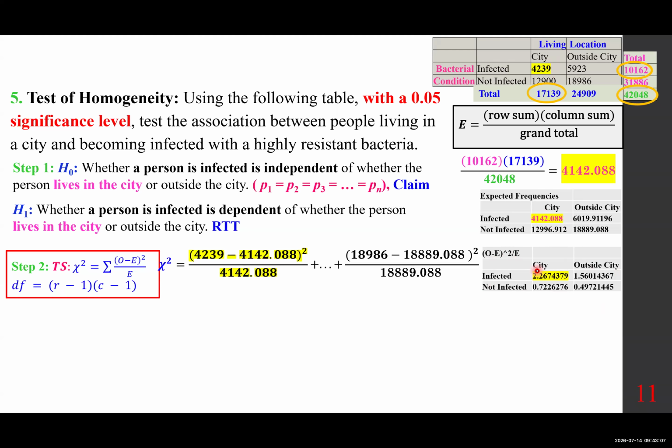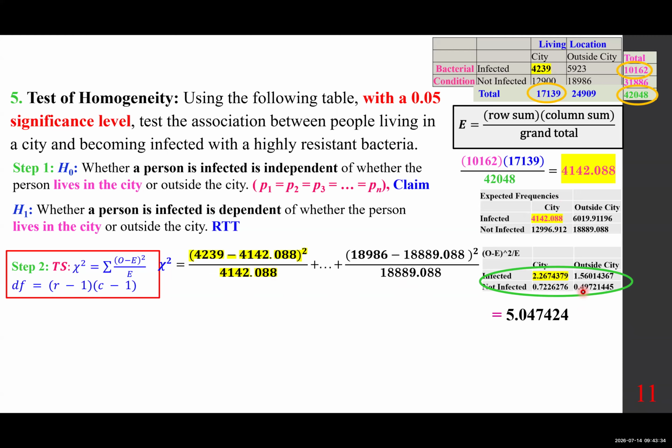So the idea is 4239 minus 4142.088 quantity squared over 4142.08, all the way to the last one. That is how it's calculated. These are the values that we must add up. So add all those values, and that is your test statistic.